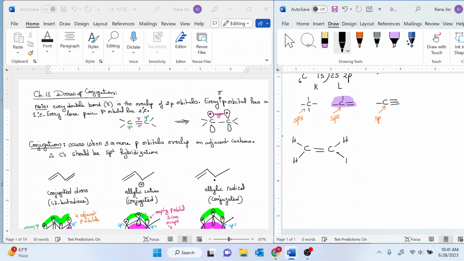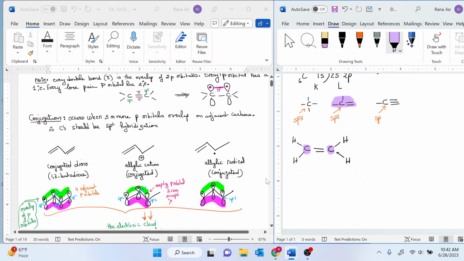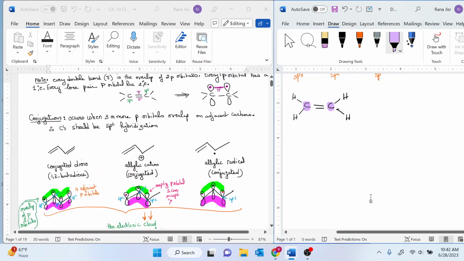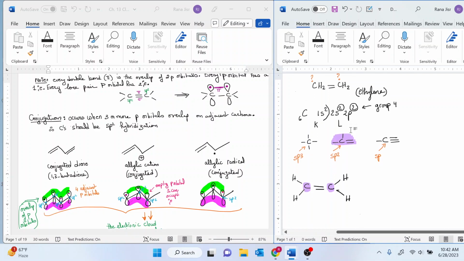This is the Lewis structure. And we are going to consider the electronic configuration for each one of these carbons. Just going to consider one, and then whatever I find for one is going to be the same for the other. If we look at the valence shell, carbon has 2 electrons in the s and 2 electrons in the p.